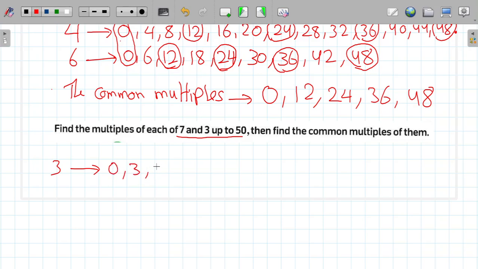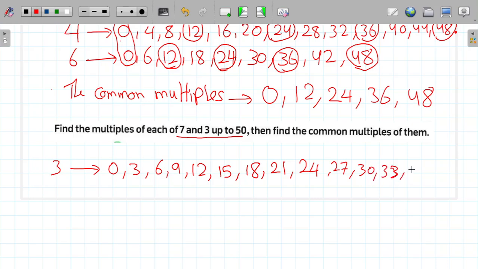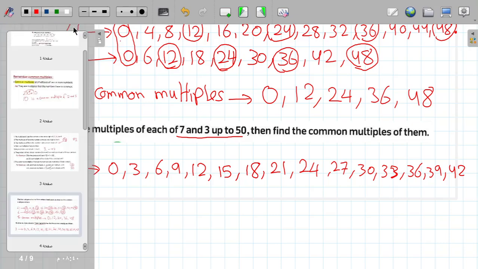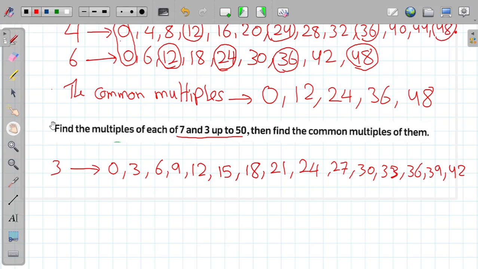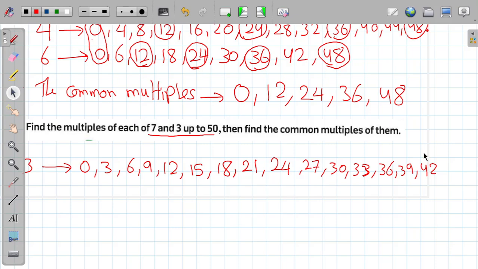Next I have 3, 6, 9, 12, 15, 18, 21, 24, 27, 30, 33, 36, 39, 42, and 45, 48. Okay, so I will stop here.